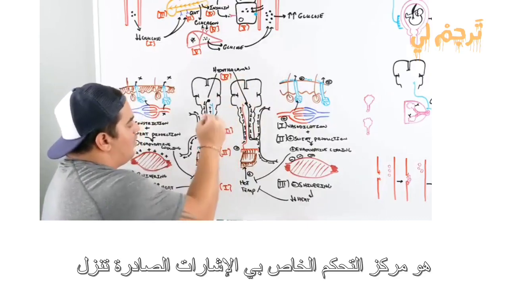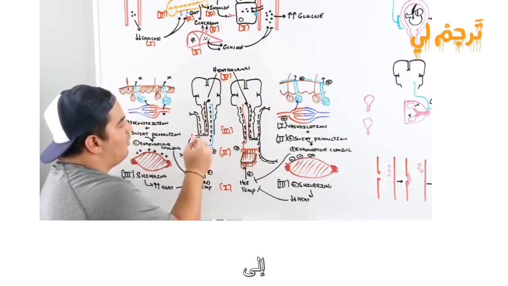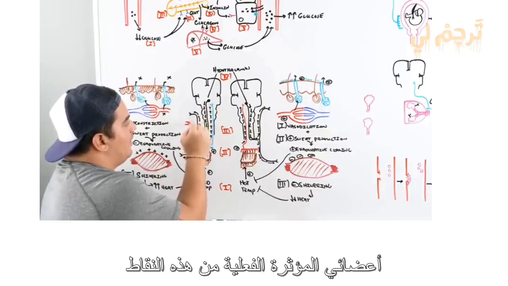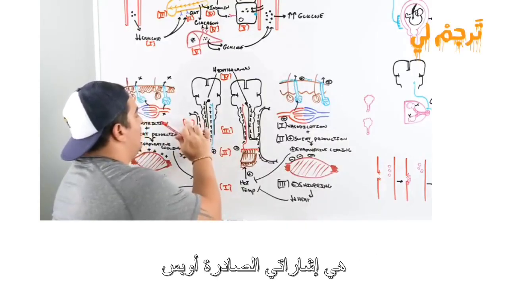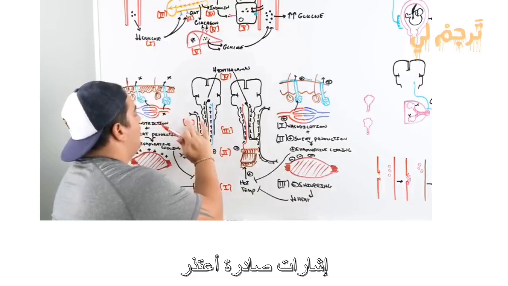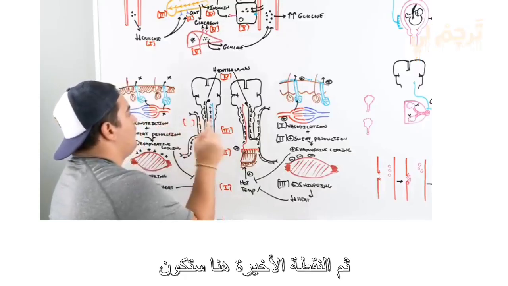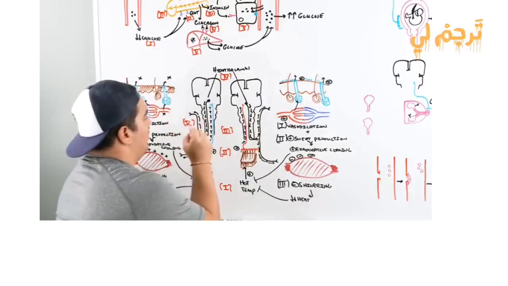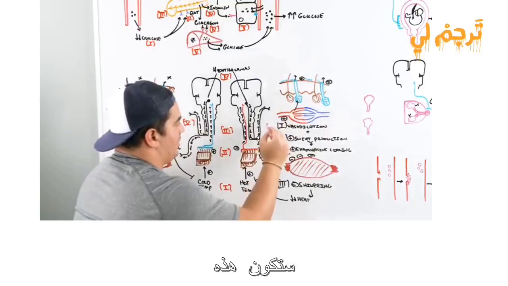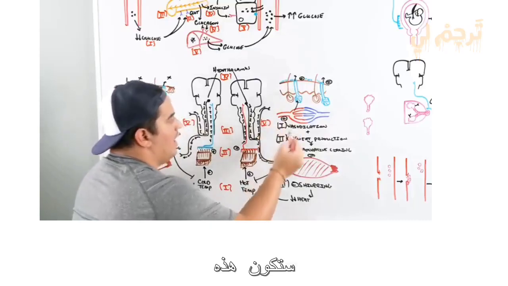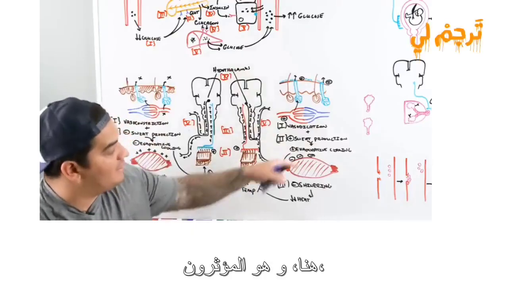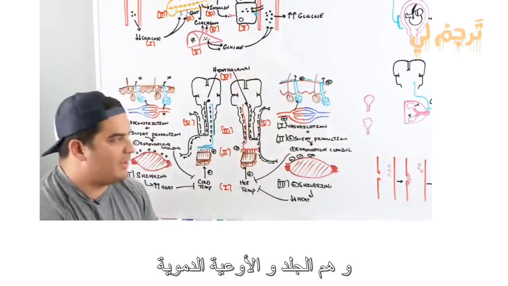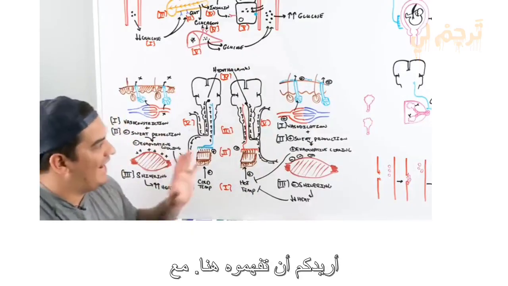The efferent signals going down to my effector organs are my efferent signals, apologize. And then the last point here is my effectors, which would be the skin, the blood vessels, and the muscles. That's the concept that I want you guys to understand here with the negative feedback system.